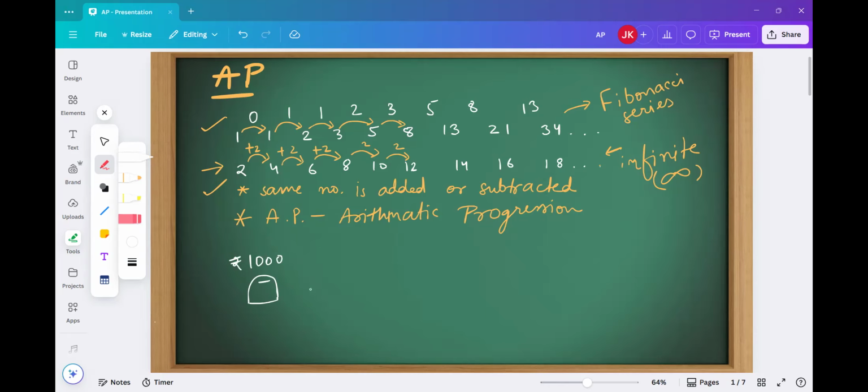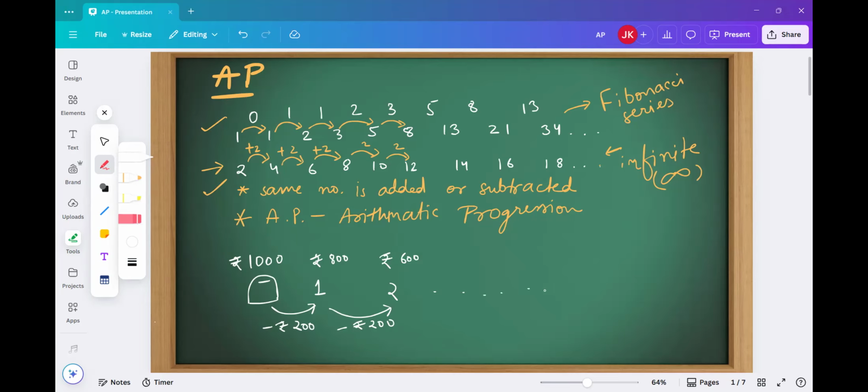In the first month, when I take 200 rupees, how much am I left with? I'm left with 800. In the second month, if I take 200 again, how much am I left with? I'm left with 600, and so on.